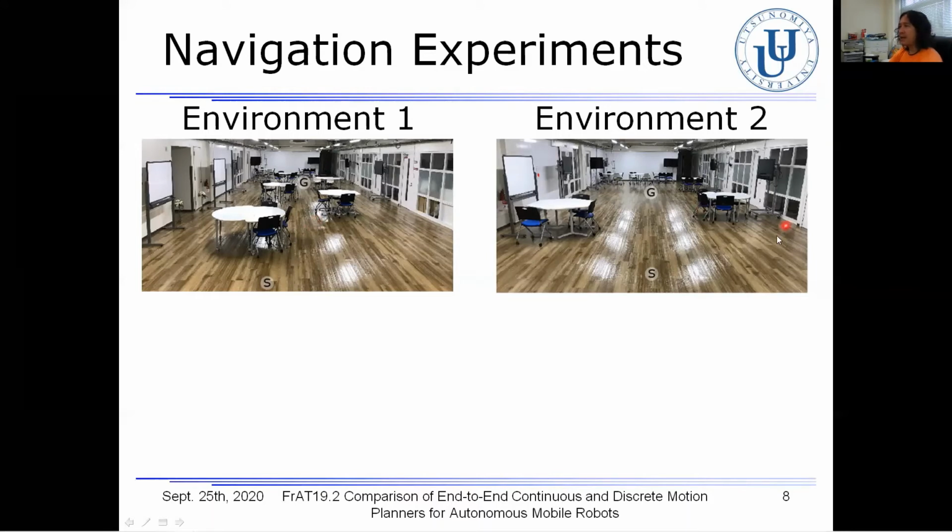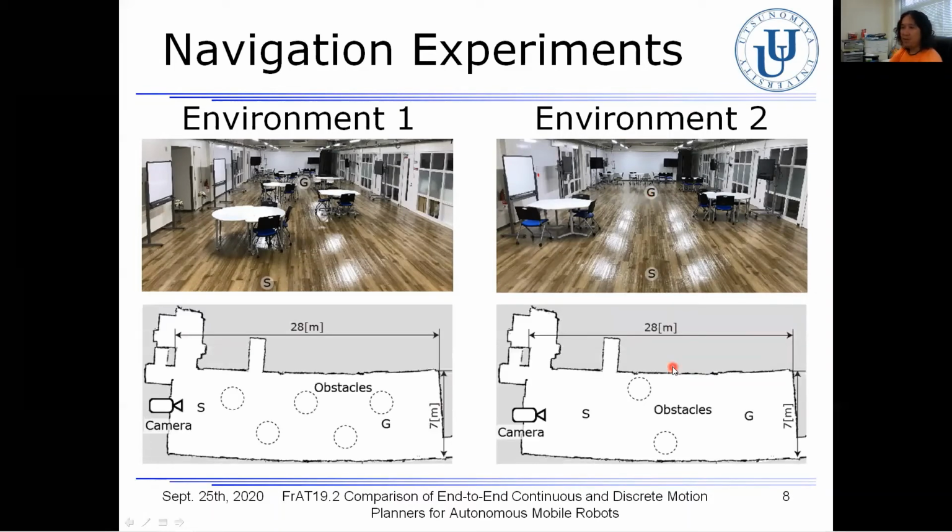On the other hand, in environment 2, the robot is able to reach the destination without avoiding obstacles. And for the environment without these obstacles, we built a map beforehand using SLAM.